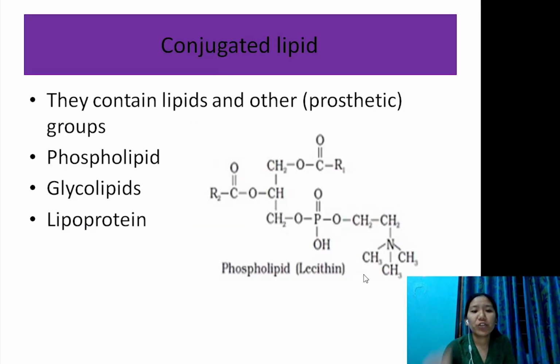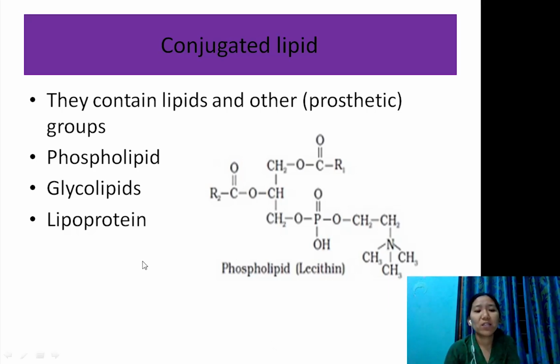Now next is conjugated lipid. As discussed earlier, conjugated lipid has a lipid and another component, that is a prosthetic group. It can be phosphate, protein or glucose. Some examples are phospholipid, glycolipid, and lipoprotein.